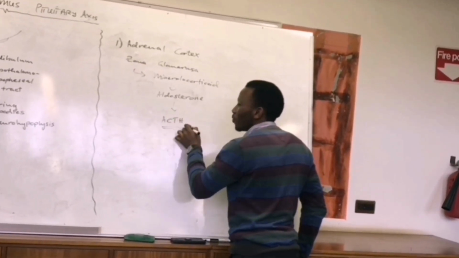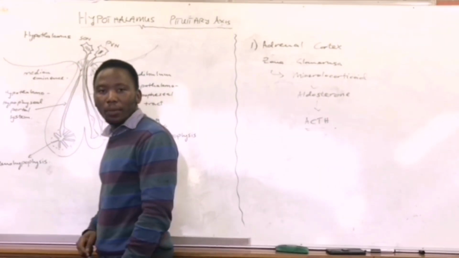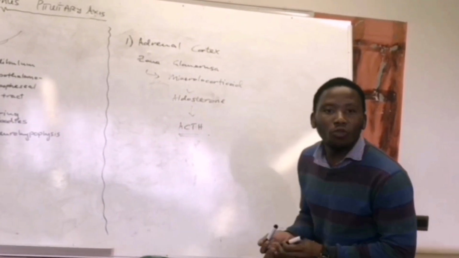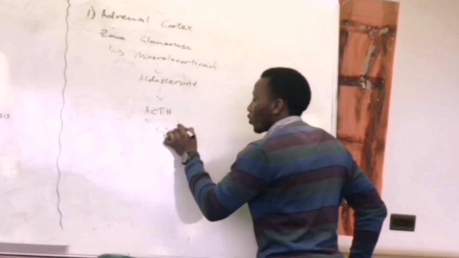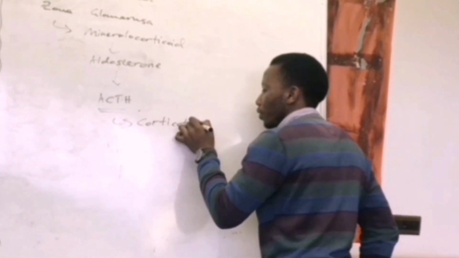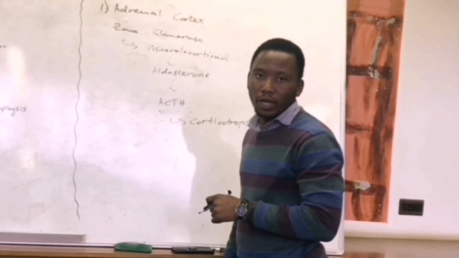ACTH. This hormone comes from the corticotroph cells, which are found in your adenohypophysis.